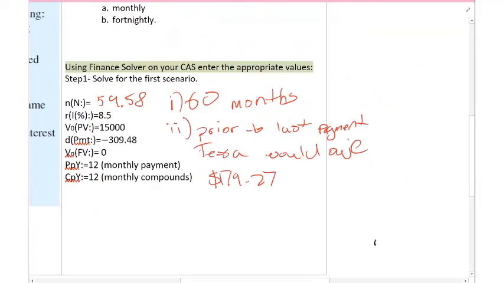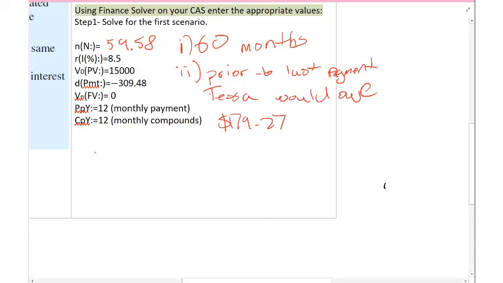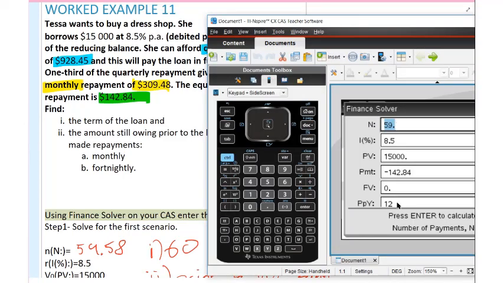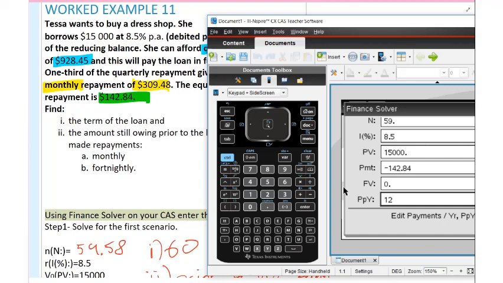Then I repeat that, so I'm going to do fortnightly now. The fortnightly repayment is $142.84, and this is mostly done here. So it's 26 repayments now.